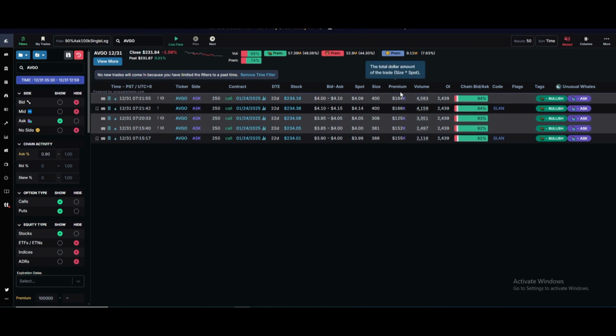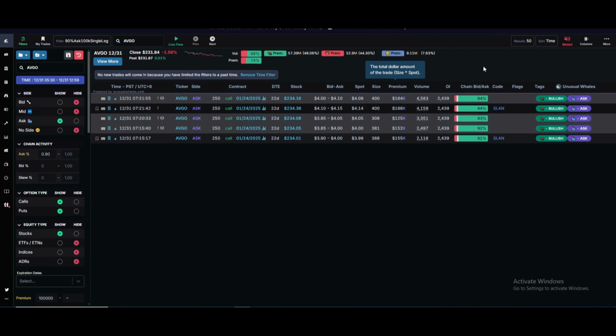Number two, we got some chunky premium coming at it, right? 164, 166, multiple transactions, all attacking the 250. And you see on the chain, it's between 90 to 94% on the ask. So at a quick glance, it looks like this could be something promising, right? Somebody could be targeting AVGO for a move to the upside.